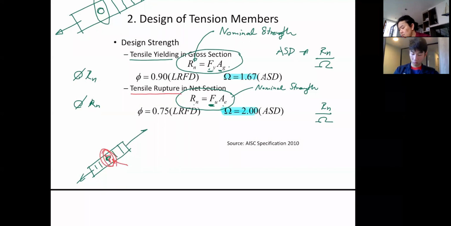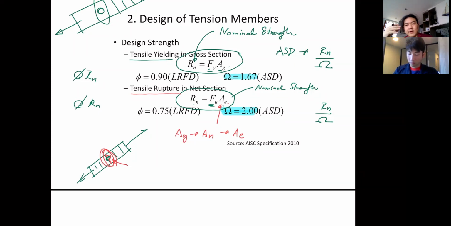When you take a closer look, you see that this is after we deduct the area that we may lose due to holes and so on. So the gross area, when we deduct the hole, becomes a net area. But note that this is not the net area; this is the effective net area. When you have a hole, you of course want to connect the members to the support, or to another member because of a splice, for whatever reason.